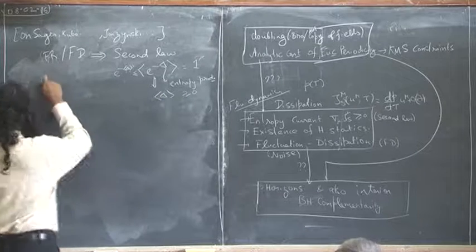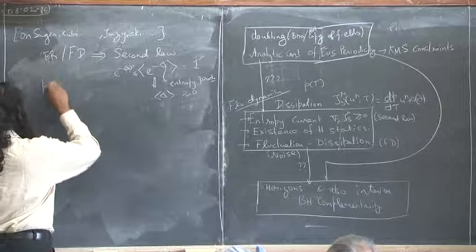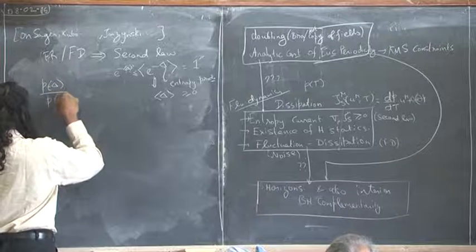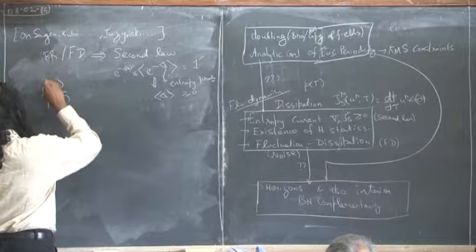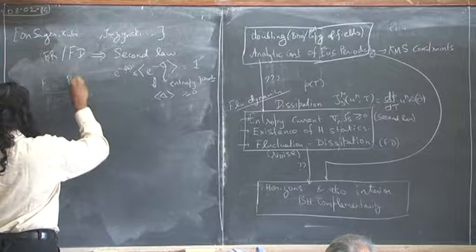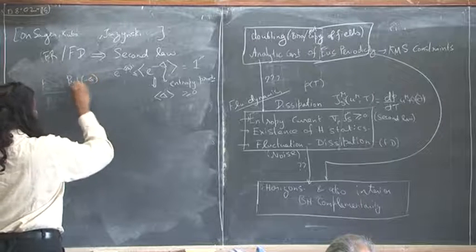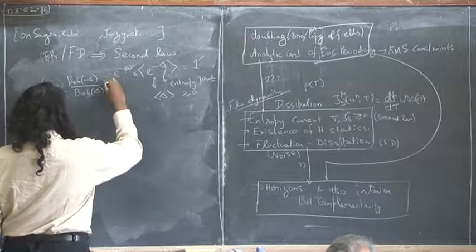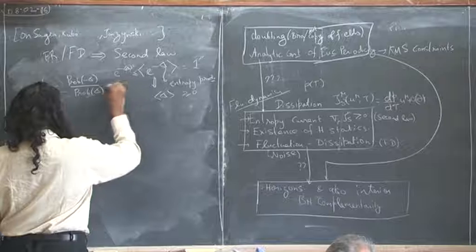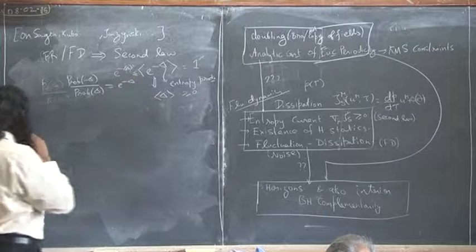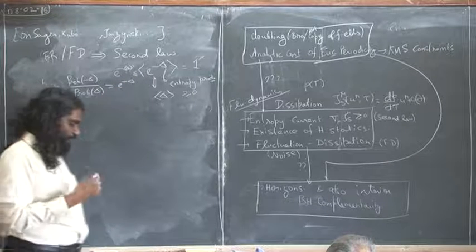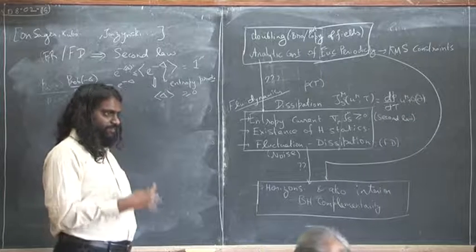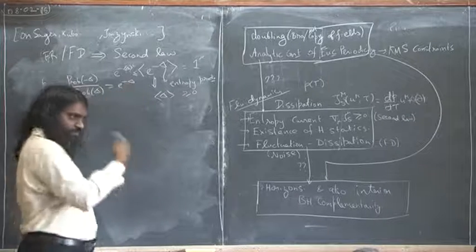So what you say is, let's say that the probability of an entropy distribution of minus delta is exponentially suppressed by this amount.